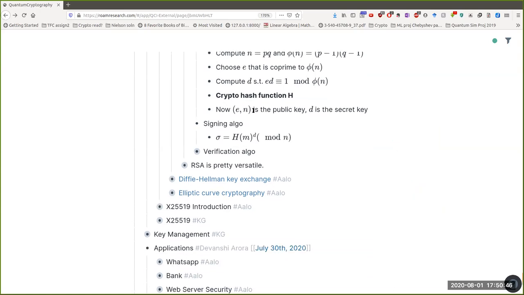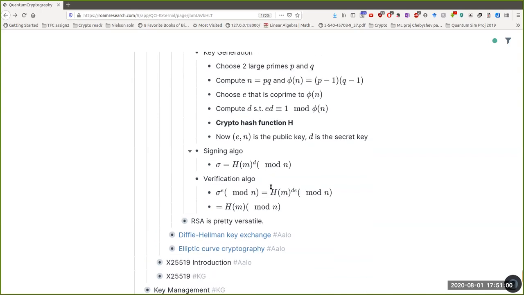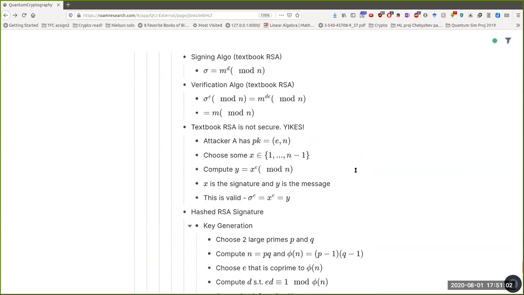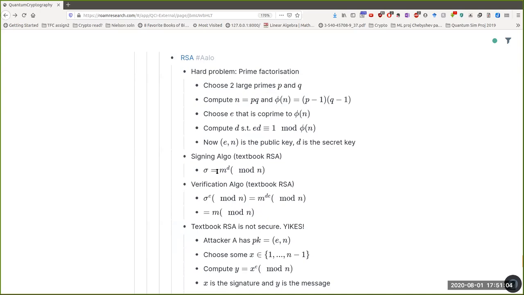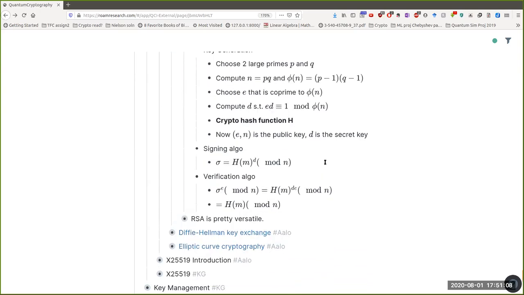Okay. Everything is the same, except now you'll notice that I'm using hash of m. Everything is hash of m. I'll leave it as an exercise for you: write what I had written for textbook RSA's algorithm and the attack side by side, and you'll see that the attack no longer works.